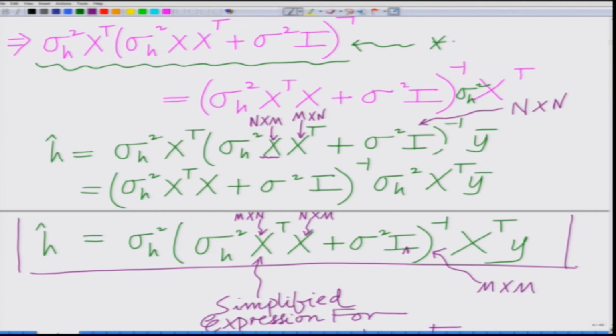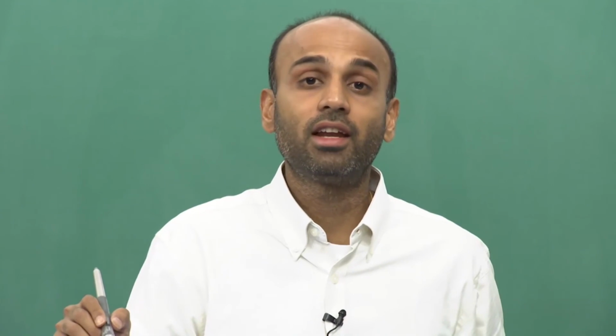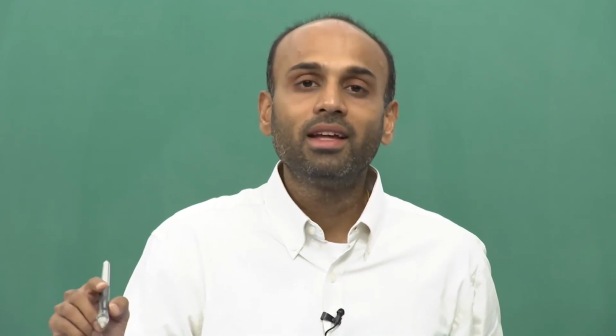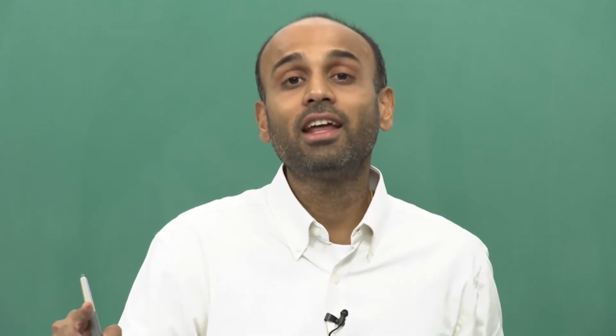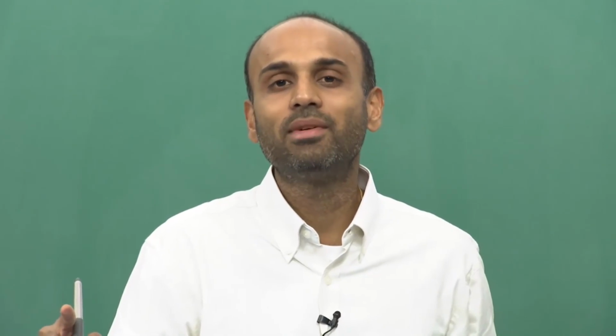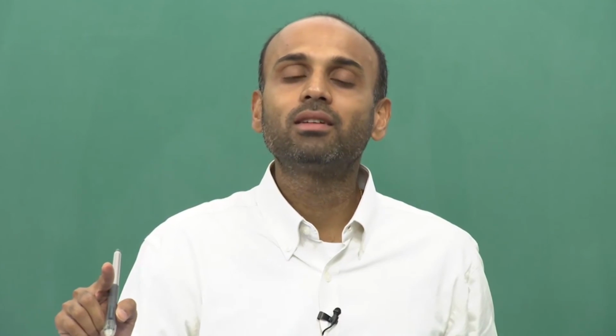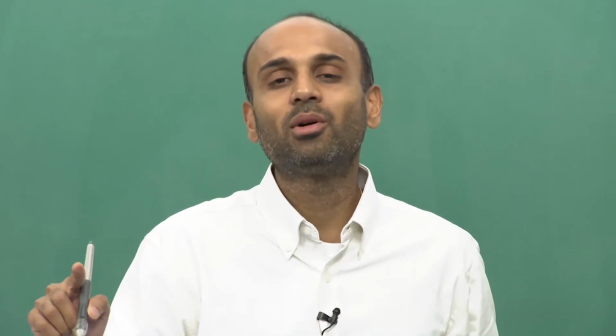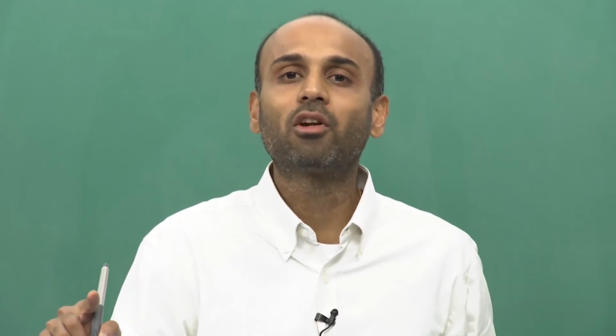In fact, if you look at this identity, the identity here is m cross m, the identity here is n cross n. So, in the first case, you are inverting an n cross n matrix, where n is the number of pilot vectors. Okay. In the second case, you are inverting an m cross m matrix, where m is the number of antennas, and typically the number of pilot symbol vectors transmitted is always much more than the number of antennas.